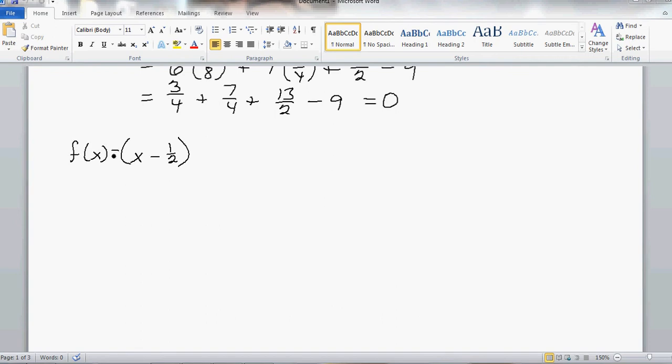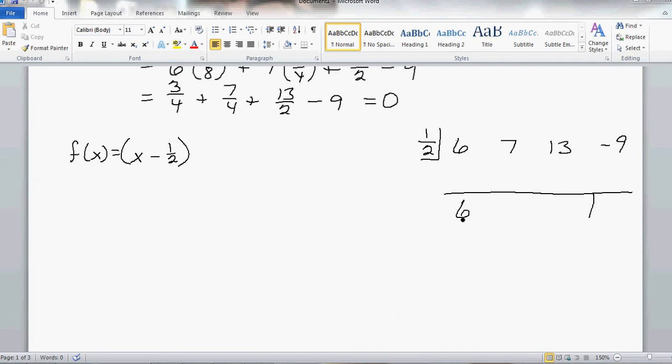Well, this is where we need to go back and look at synthetic division. Take the 1/2, and I'm going to put the coefficients of 6, 7, 13, and negative 9 in, and remember we should get a 0 here.